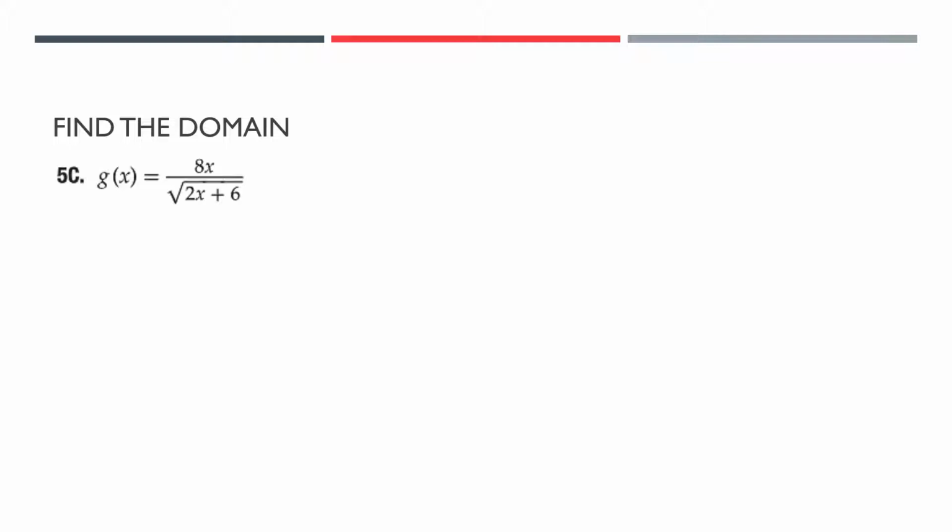All right, here we have both the denominator that can't be 0 and the square root that can't be negative. So I know that this inside, 2x plus 6, needs to be greater than or equal to 0.